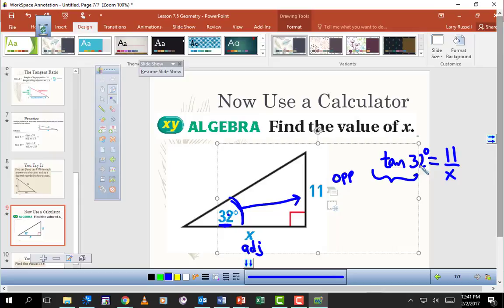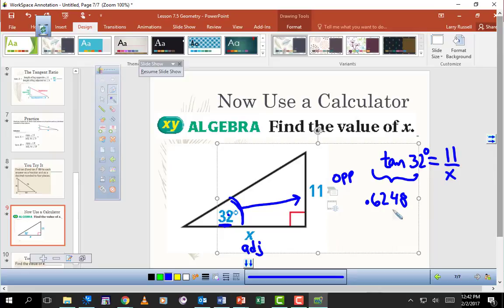Now, hopefully what you have right now is 0.6248, and you'll notice it goes on forever, right?